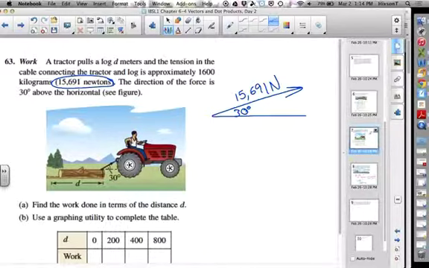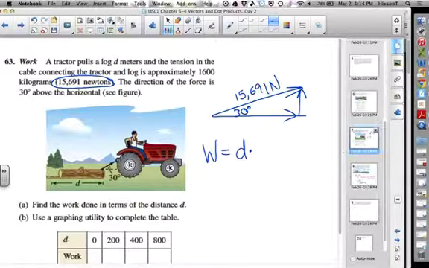So we needed this horizontal component. Obviously there's a vertical component, but for the work done to pull this thing an unspecified number of meters, our work is going to equal the number of meters times this horizontal component.